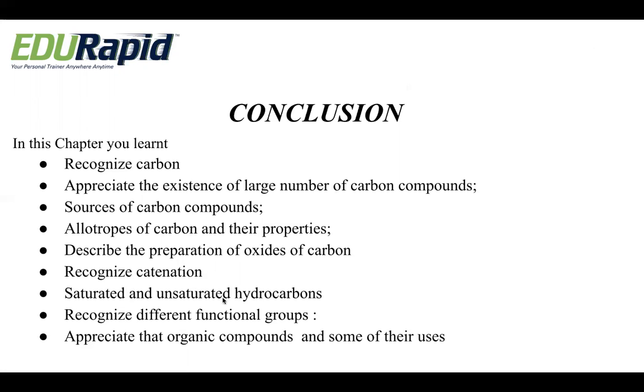We also studied saturated and unsaturated hydrocarbons and recognized the different functional groups. And we also appreciate that organic compounds have some uses. So this is what we studied in today's class.